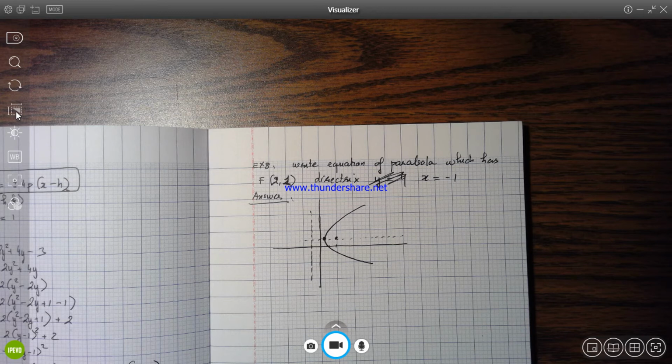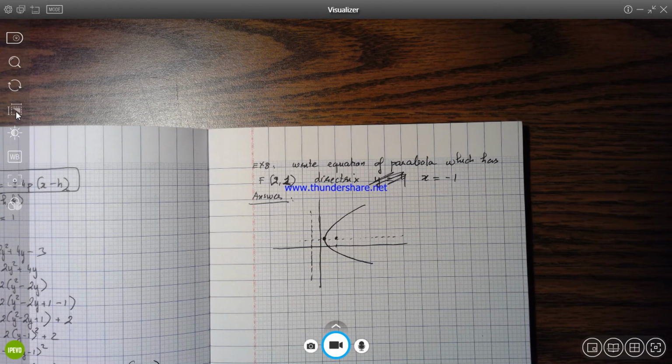So the directrix is x equal to -1. We need to find p, and we need to find the coordinate of the vertex.